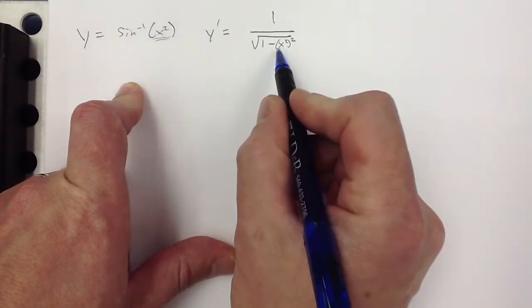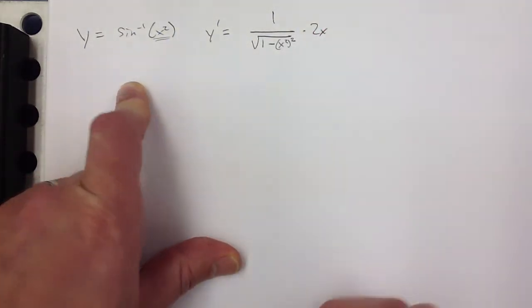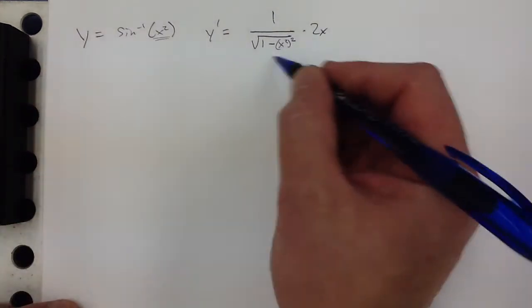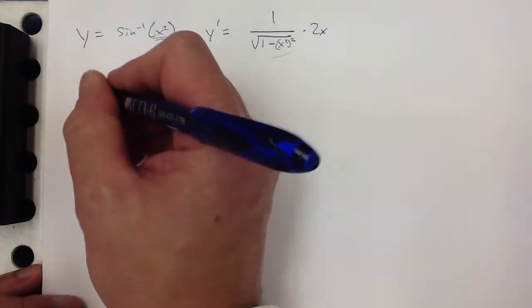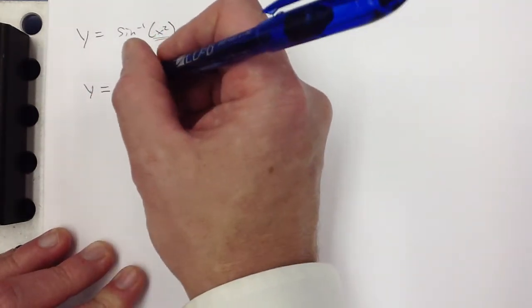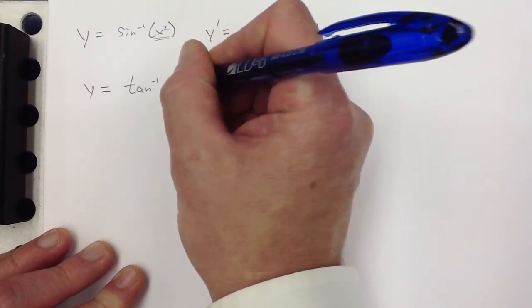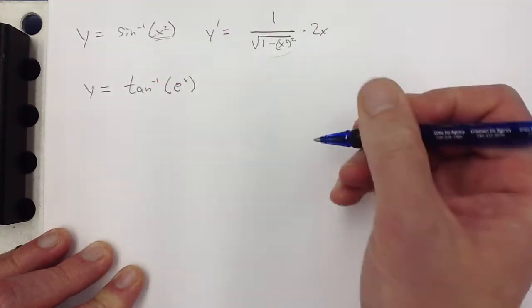Normally if that were just an x, this would be x squared, but it was something else, times the derivative of what's inside. And you could simplify that, right? That's x to the fourth. How about this? y is equal to the tangent inverse of e to the x.